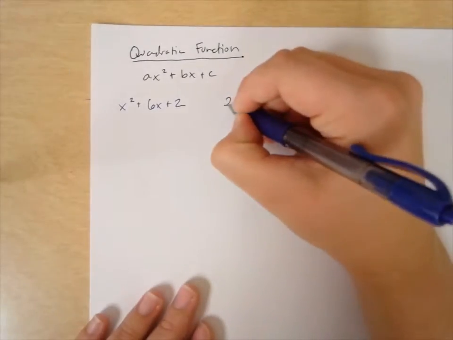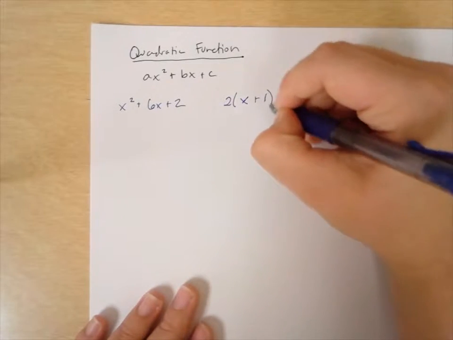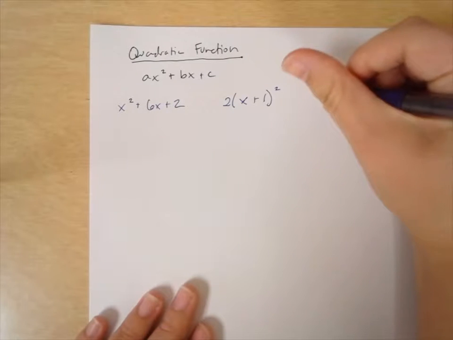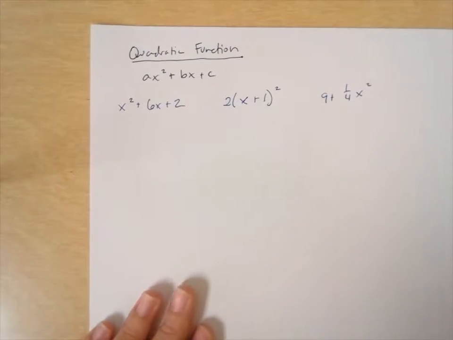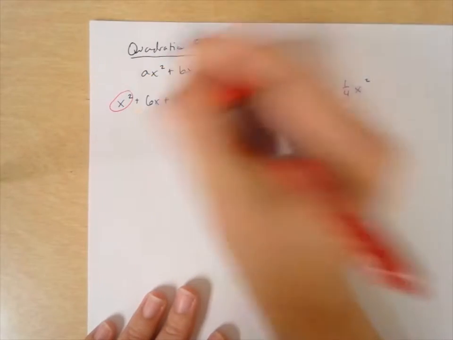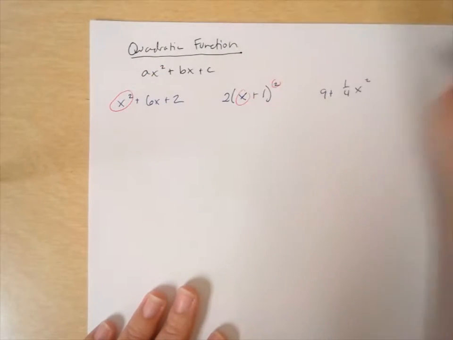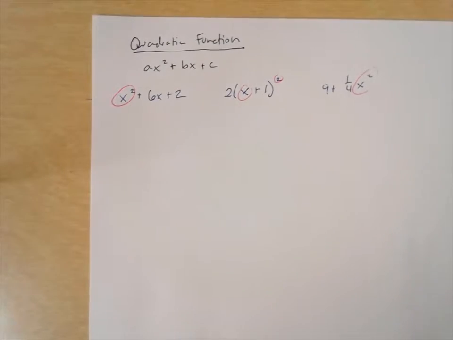But we could also have something that looks like 2 outside (x plus 1) squared, or even 9 plus 1/4 x squared. You should see that the key similarity here is that we have an x squared in each. That is what makes all of these quadratic.